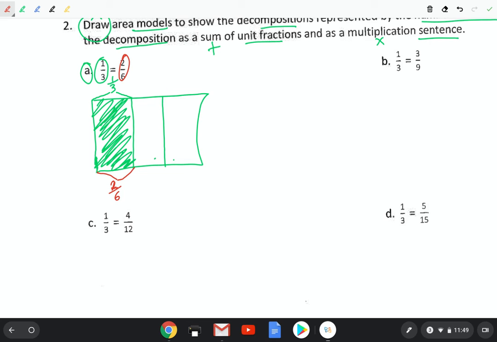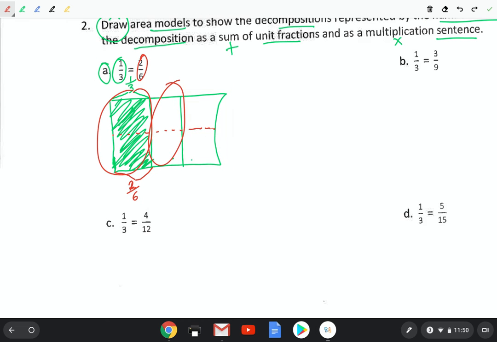Now I need to decide, if I draw one horizontal line in the middle, is that going to give me 6 total units? It does, because now I have 2, 4, 6 units. So that works. I am going to draw one horizontal line, okay? And so if you notice now, instead of 3 units, now I have 6 total. So that means that each of these smaller units is 1/6.